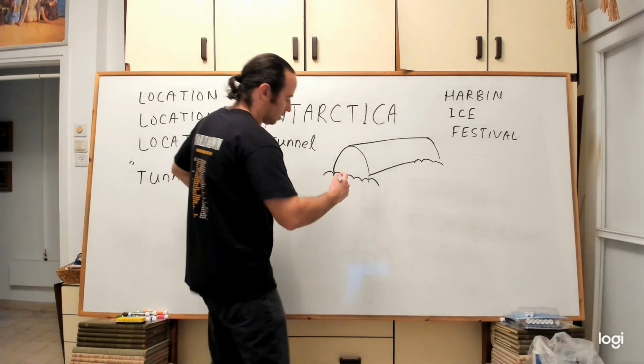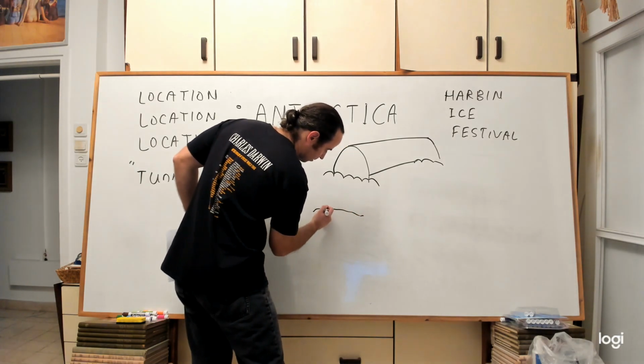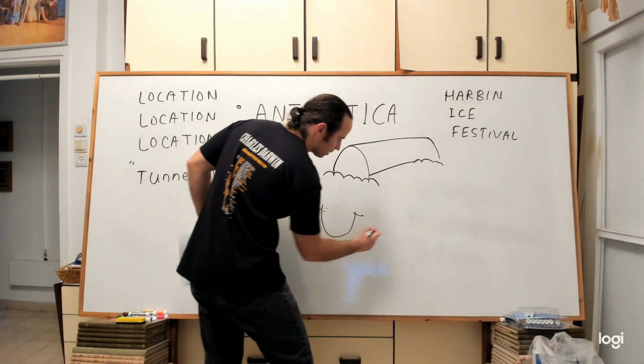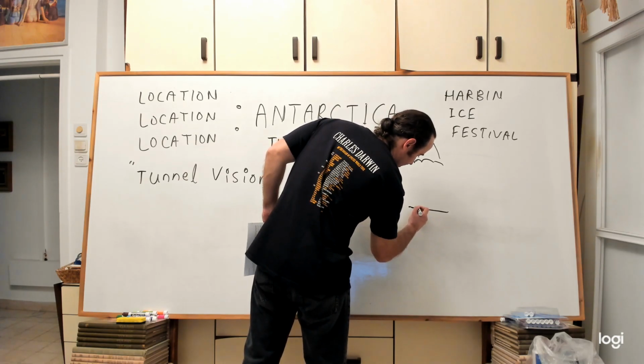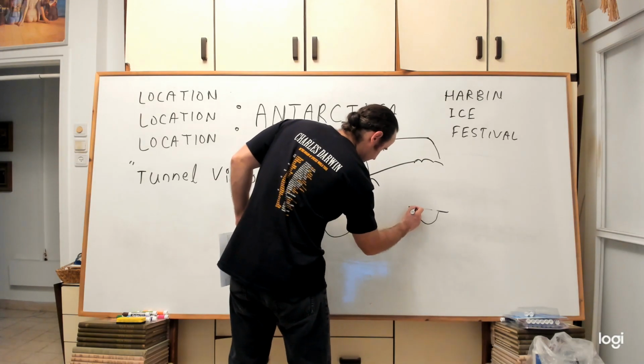So another option is if you have the ice level and you carve. And you have the ice level also here, and you carve and you connect this.